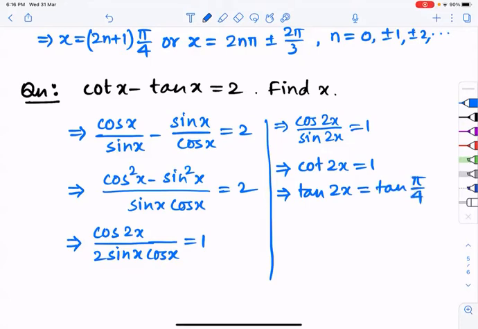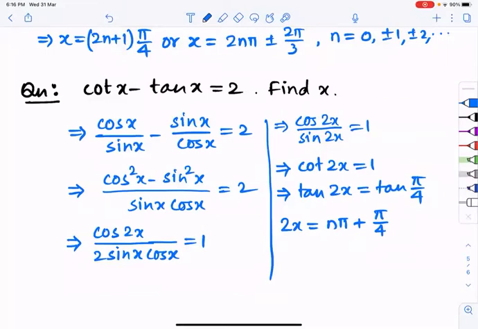So the formula is like tan x equal to tan alpha. For that we have a formula which is 2x is equal to n pi plus pi by 4. Okay, that is the solution for this.